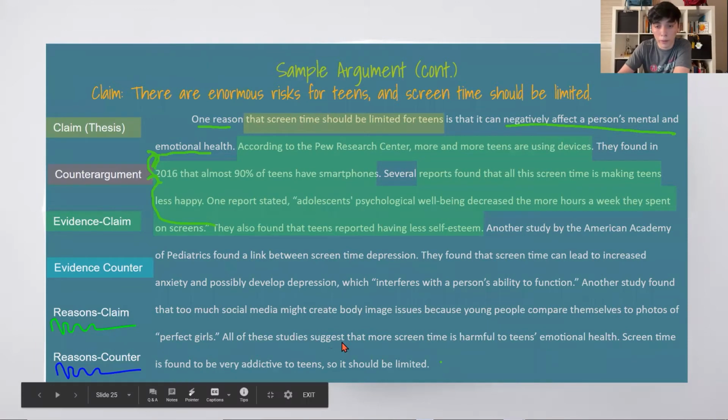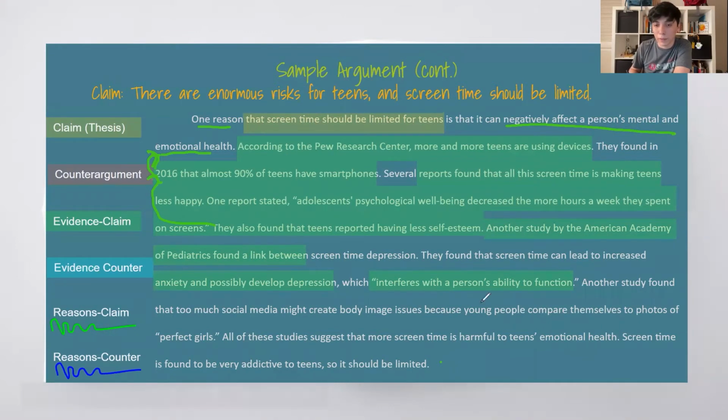And here's another one. Okay, so here's a completely different piece of evidence. We know this because it says another study, so a different study, by the American Academy of Pediatrics found a link between screen time and depression and anxiety, which can possibly develop into depression and interferes with a person's ability to function.